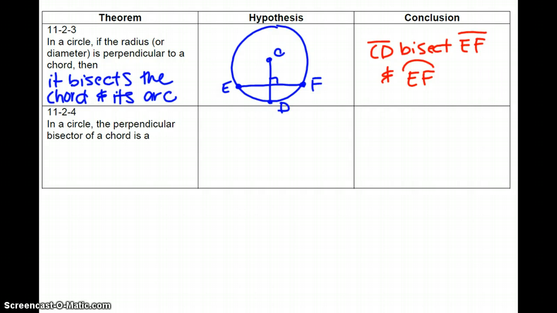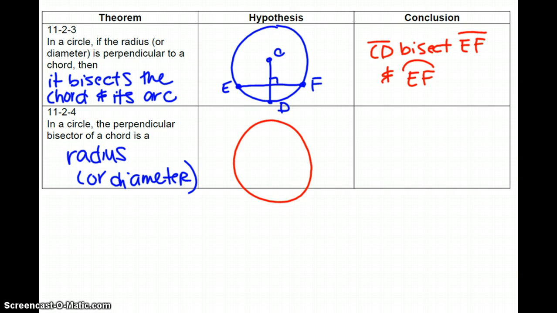11-2-4 is just the converse. So in a circle, the perpendicular bisector of a chord is a radius or diameter. So for this picture, I know that I have a perpendicular bisector of a chord. So I'm going to have that same chord, we'll call it EF, and I have a perpendicular bisector.